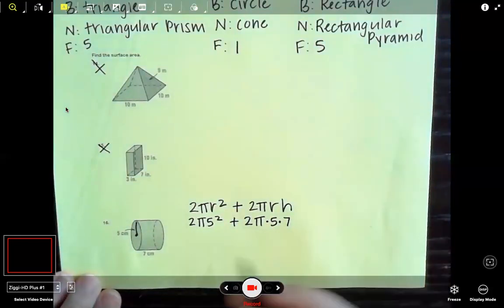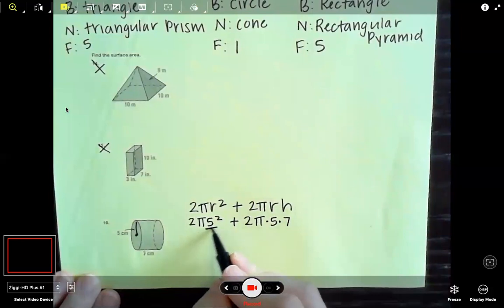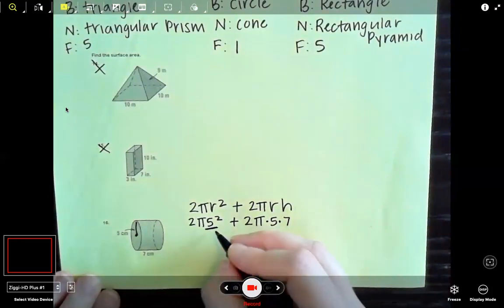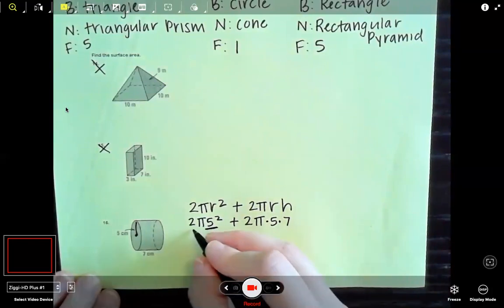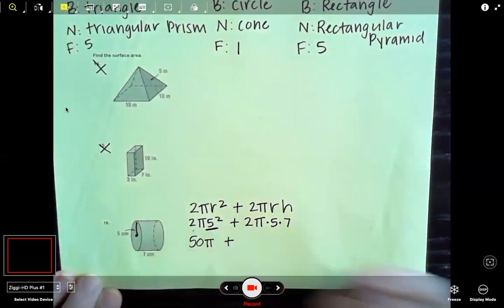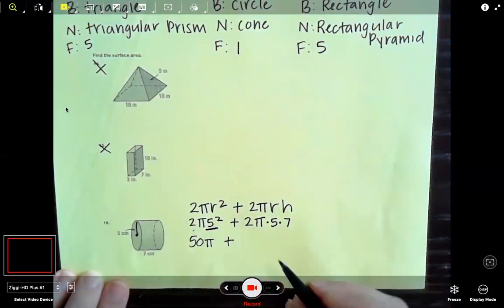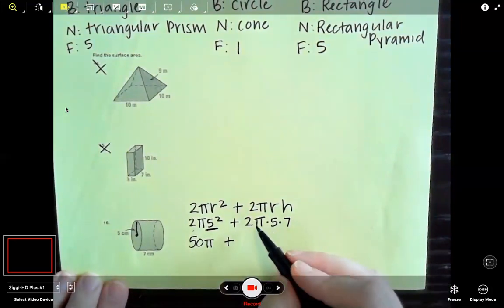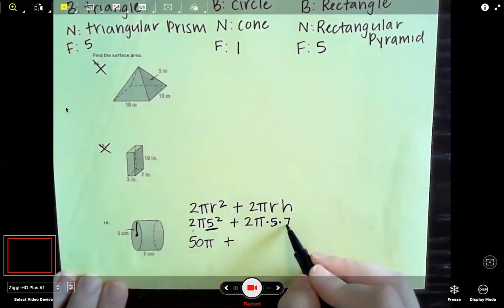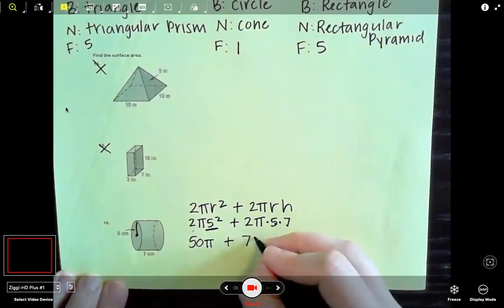Okay, what is 5 squared? 25. Now can we take 25 times 2 quick? 50. Now we gotta do a lot of multiplying. What's 2 times 5? 10. And what's 10 times 7? 70.